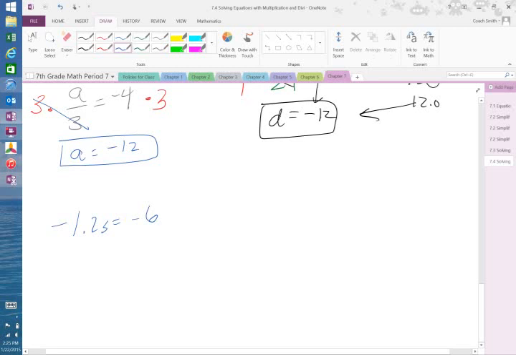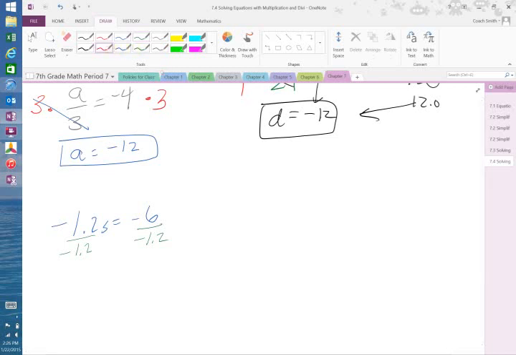Once again, now we have a decimal and we're multiplying. So that means to solve it, what do I have to divide? I have to divide by negative 1.2 on both sides.